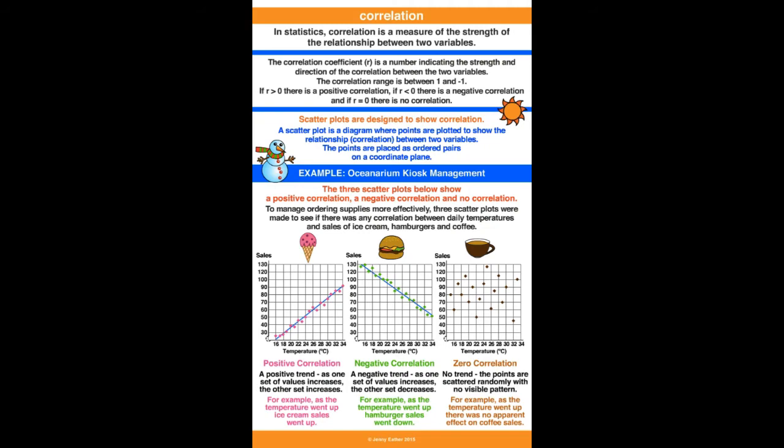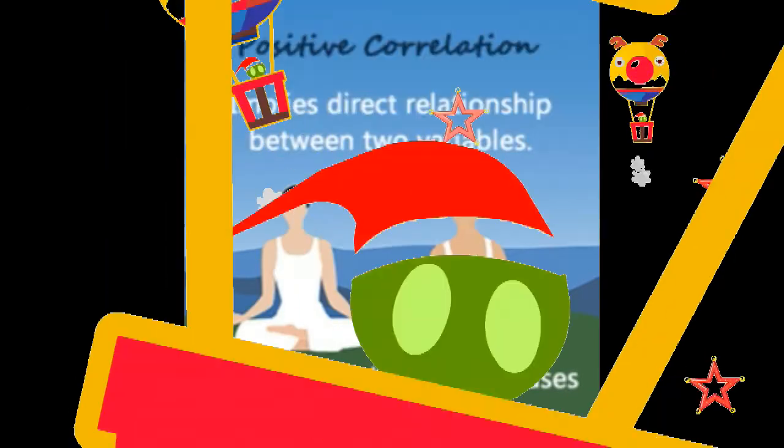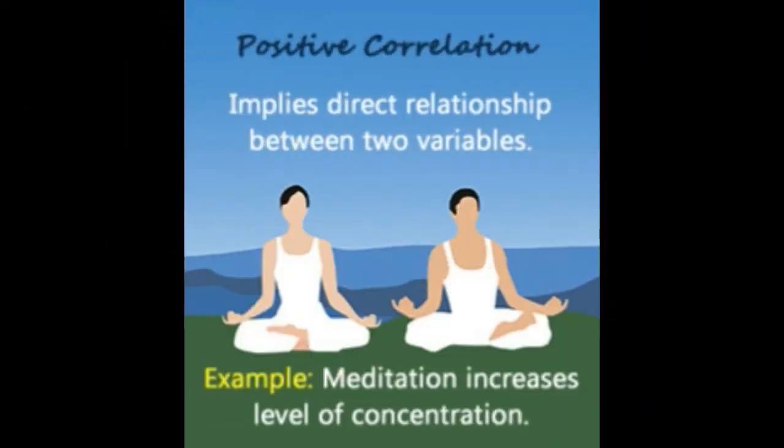So a positive correlation is a direct relationship. The two things increase or decrease together. So of the things that we just talked about, the sunscreen or the sugar, the more sugar I eat, the more carbs I ingest. That's a positive correlation. They're both going in the same direction, more.